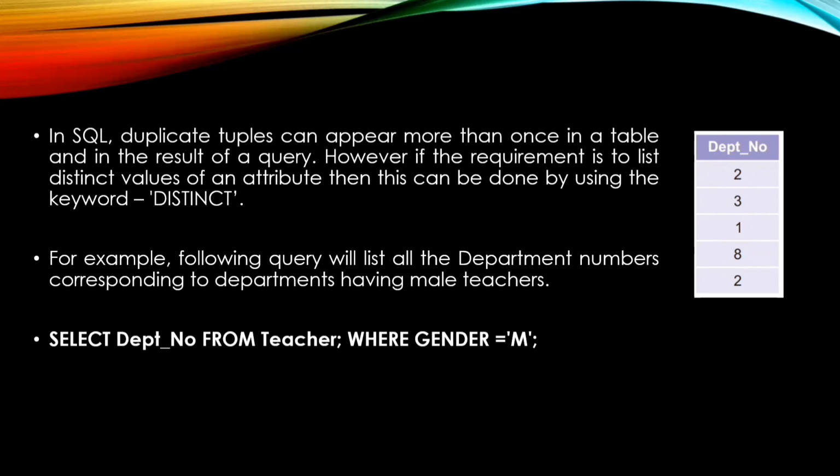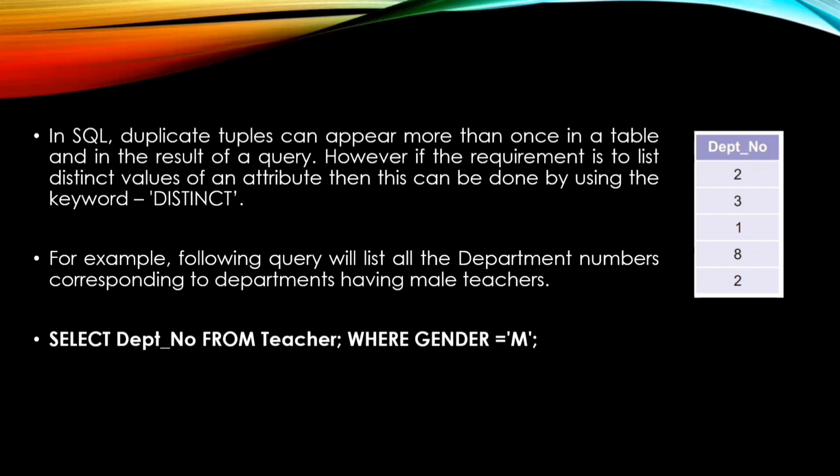Next, let us see another query. In SQL, duplicate tuples can appear more than once in a table, and in the result of a query. However, if the requirement is to get distinct values of an attribute, then it can be done by using the keyword distinct.